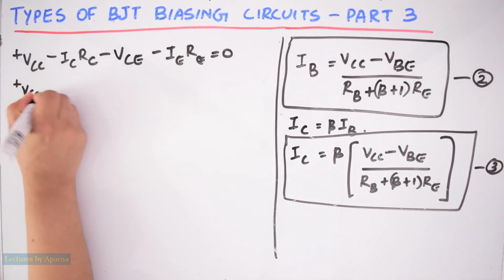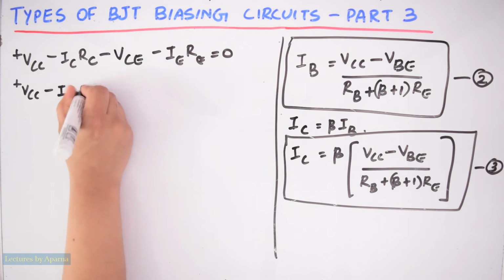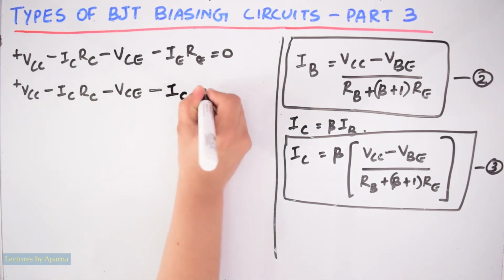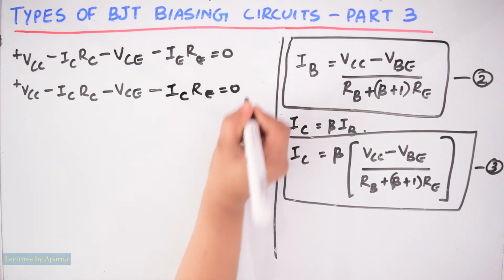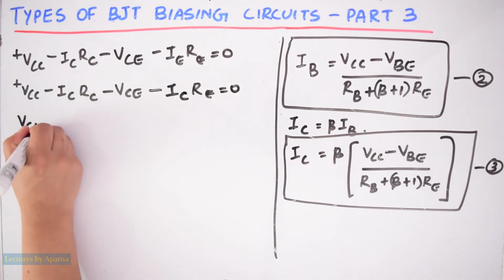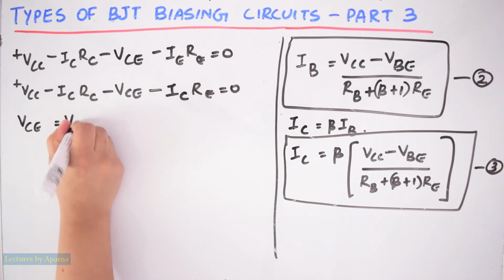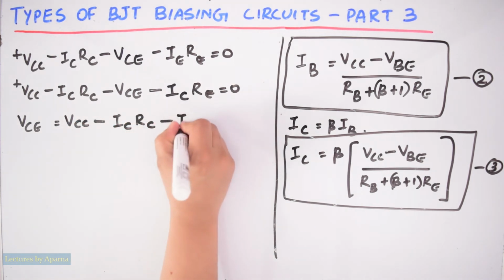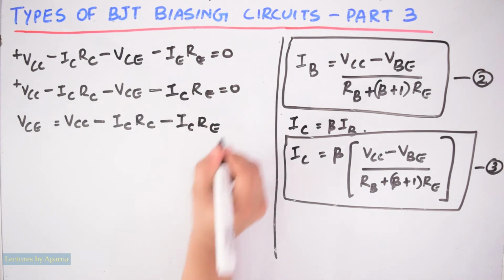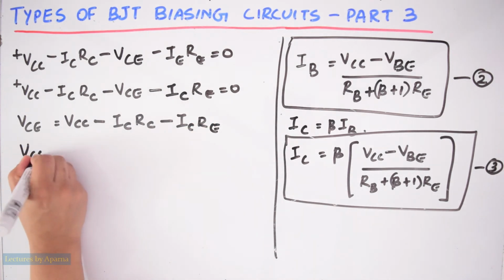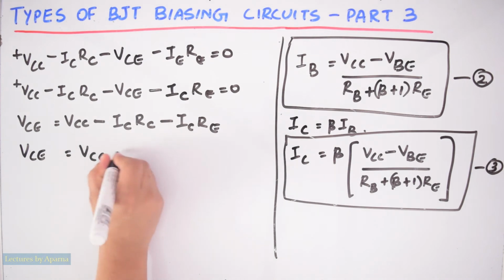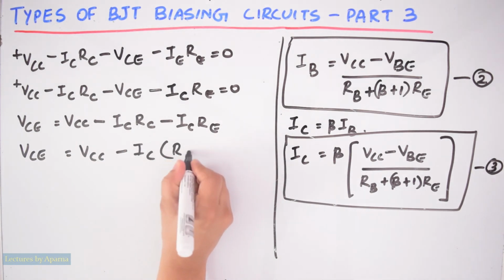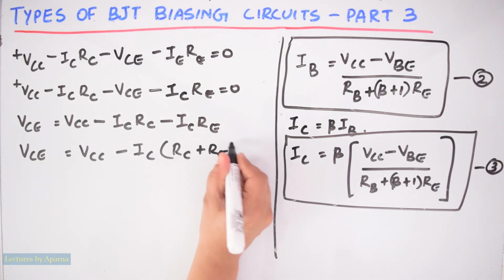Plus VCC minus ICRC minus VCE minus ICRE equal to 0. Or VCE is equal to VCC minus ICRC minus ICRE, or VCE is equal to VCC minus, I am taking IC outside, IC into RC plus RE.